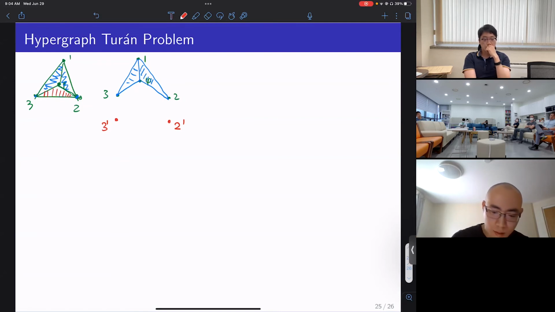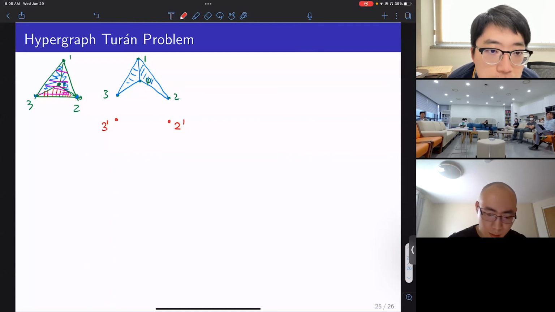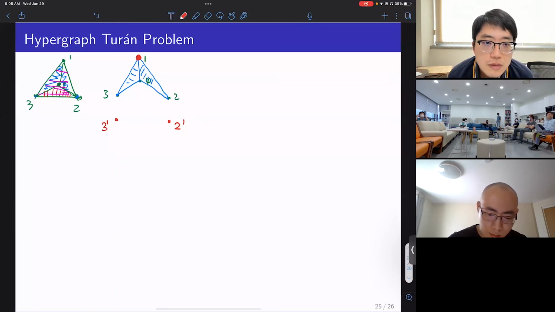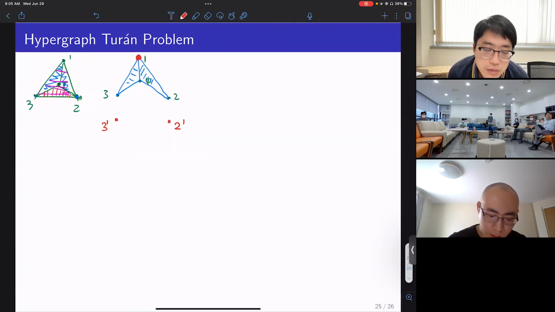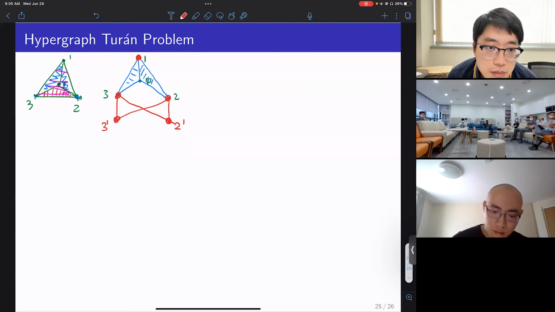For example, this edge corresponds to this edge, which contains both 2 and 3.